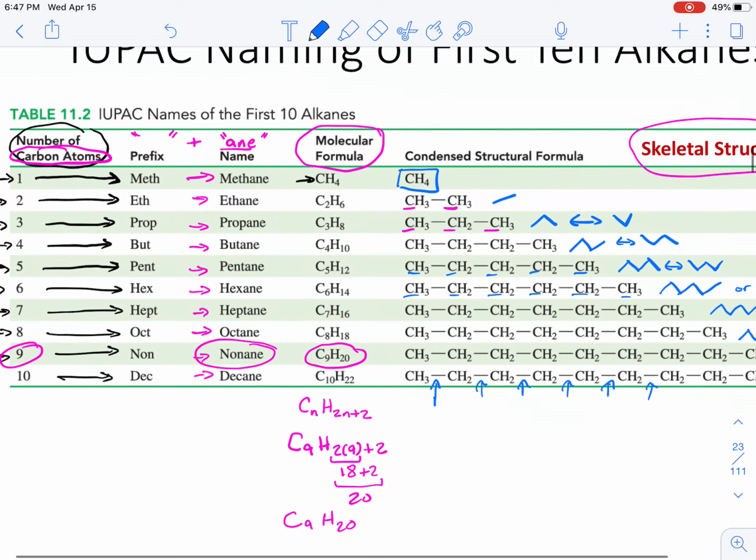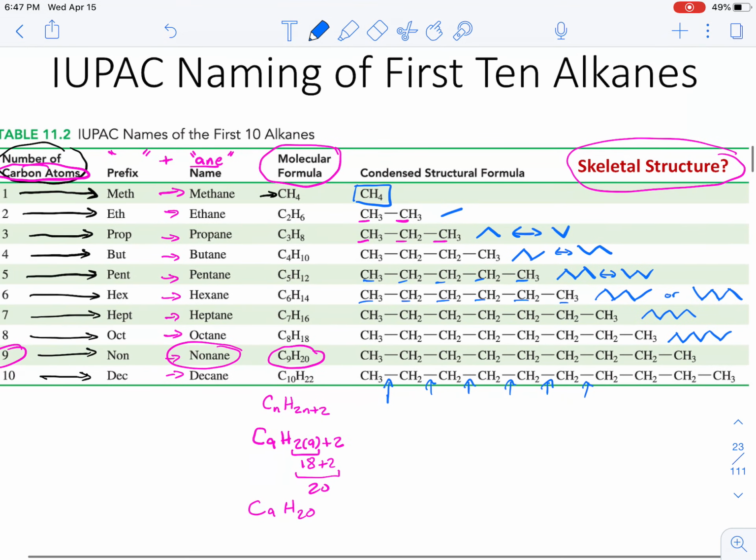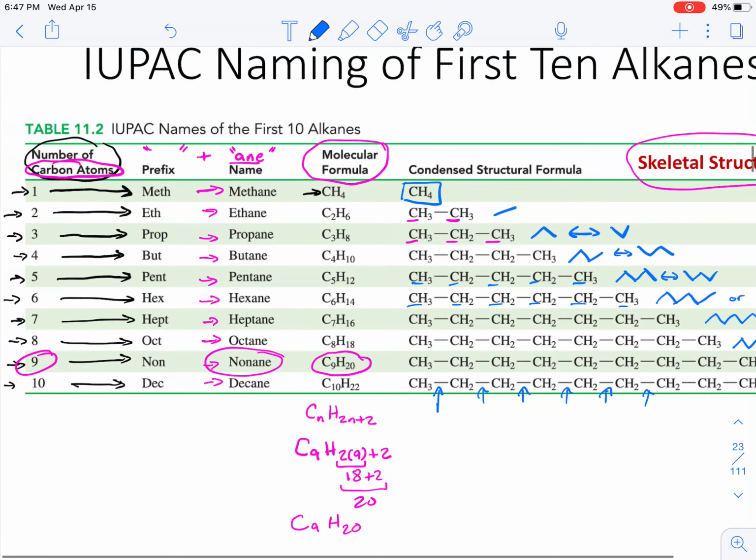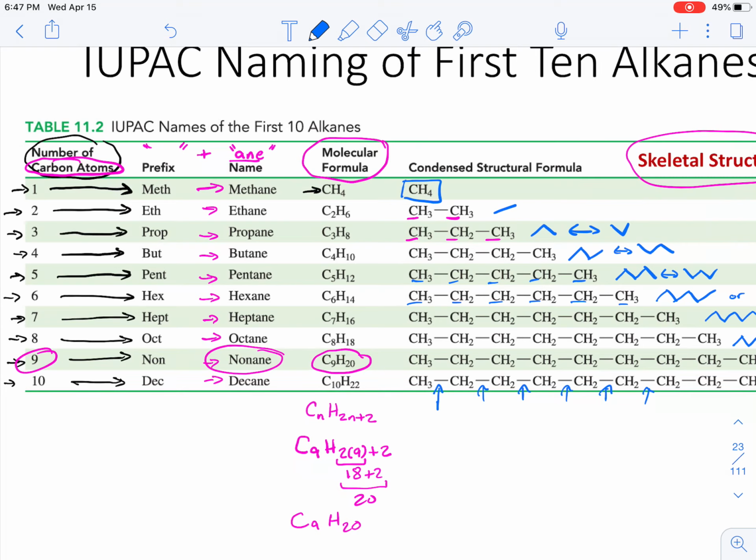Please make sure that you memorize this. I know that we're doing distance learning, however, it's really important to have the prefix and the suffix memorized, so that when you're applying this to naming a more complex organic compound, you're not scrambling through your notes.